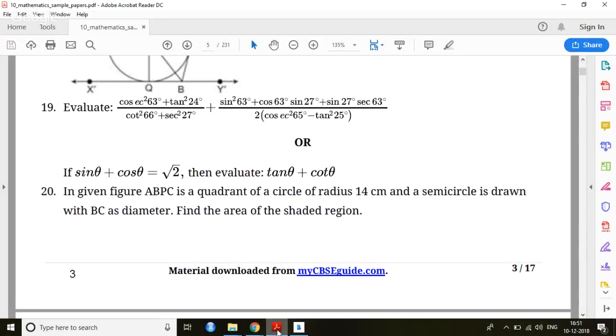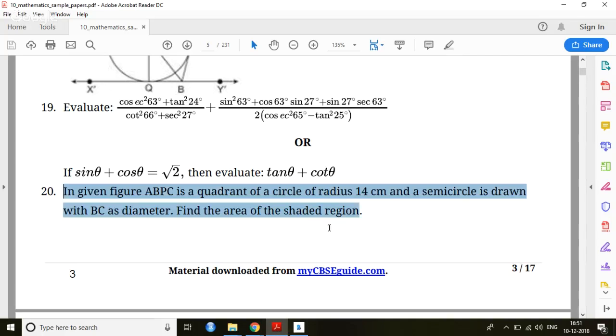Okay, let me go to question number 20 now. Write down this part of question number 20 on your copy.